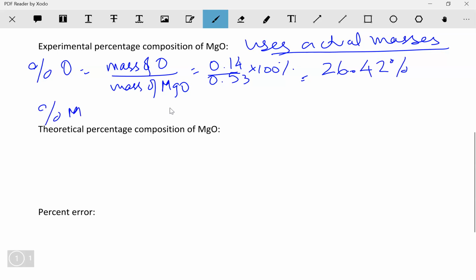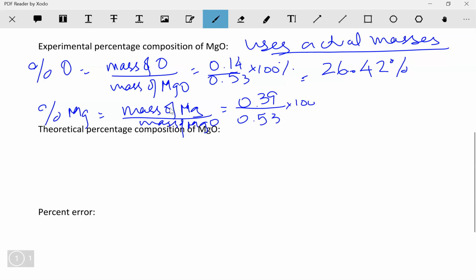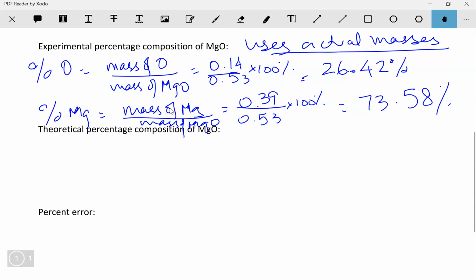And percent magnesium is the same calculation. But notice here that when we're calculating experimental, we are using the experimental values, the values that we actually measured, and not any other periodic table molar mass values that we would usually use to calculate these things. So 0.39 divided by 0.53 is 73.5, which both of them add up to 100, so that makes sense.